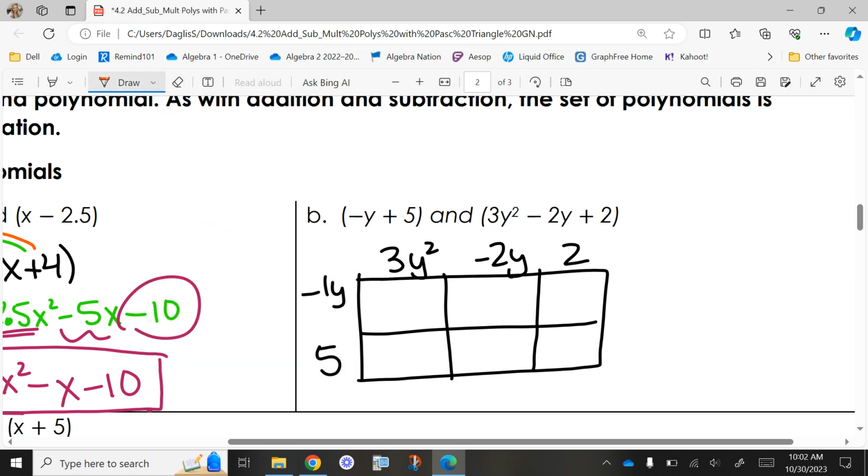So I'm going to multiply negative 1y with 3y squared. That gives me negative 3y to the power of 3. Remember, this has an exponent of a 1. Negative 1 and negative 2 gives me positive 2. Y and y gives me y squared. Negative 1 and 2 gives me negative 2, and I still have that y.